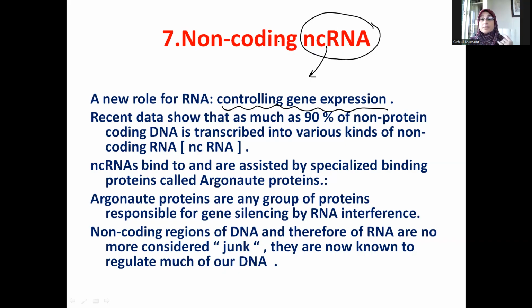Now, this non-coding RNA has certain characteristics and subtypes. The first characteristic is that these non-coding RNAs can bind to specific types of proteins called Argonaute proteins. What are the Argonaute proteins?